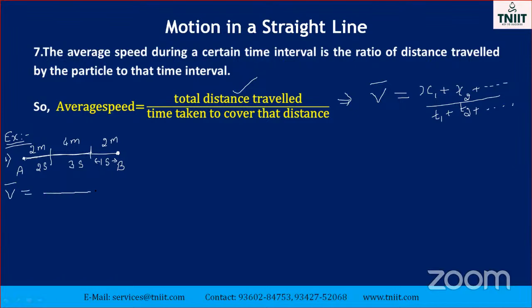What's the basic definition for the average speed? Average speed is nothing but the total distance divided by the total time. Can you tell me the total distance?